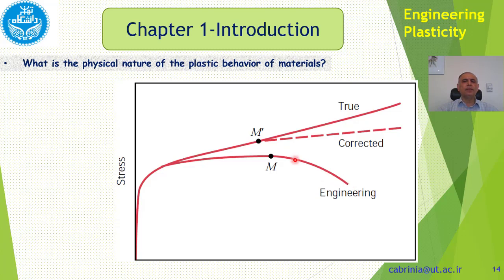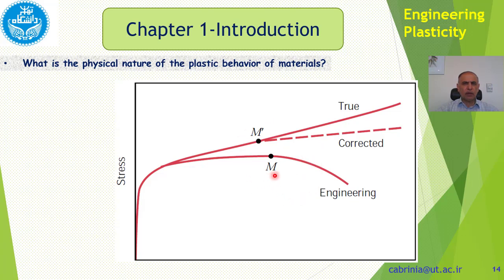Okay? And this one is the load, the stress here is the load divided by the current area, not the original area, current area. Okay? So what's the difference between the original area and current area?